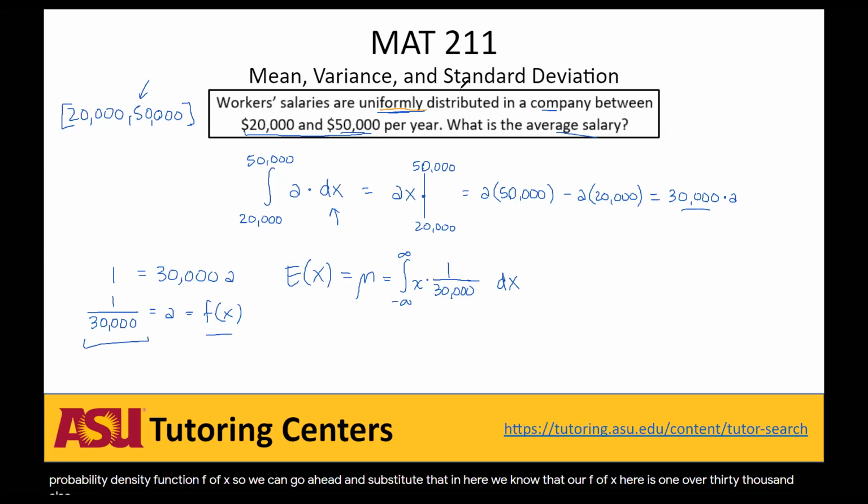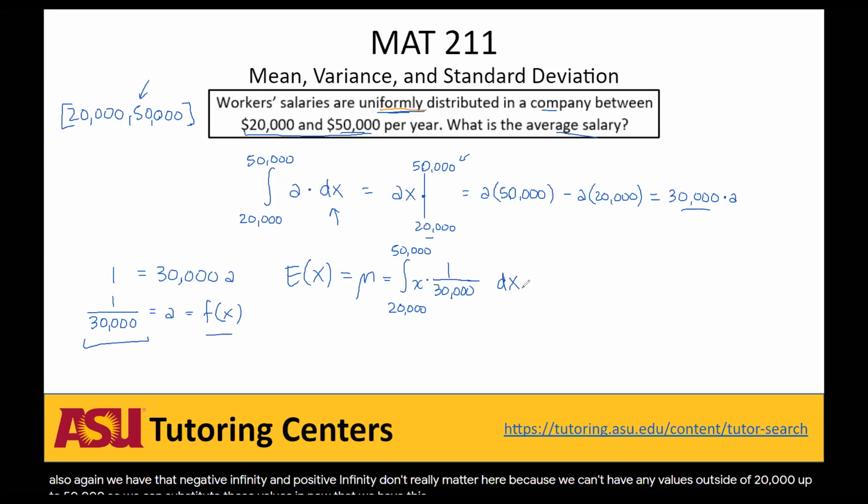Again, negative infinity and positive infinity don't really matter here because we can't have any values outside of 20,000 up to 50,000, so we can substitute those values in. Now we can integrate.